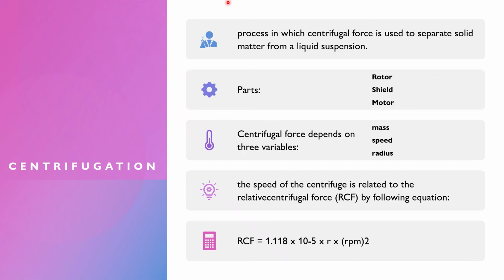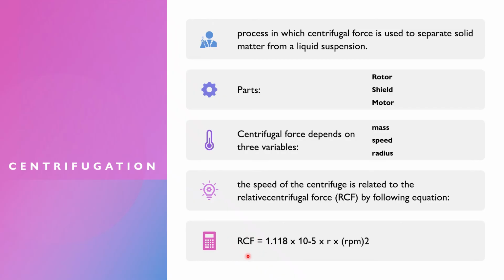Centrifugal force depends on three different variables: mass, speed, and radius. The speed is expressed in revolutions per minute, or RPM, and the centrifugal force generated is expressed in terms of relative centrifugal force, or gravities.